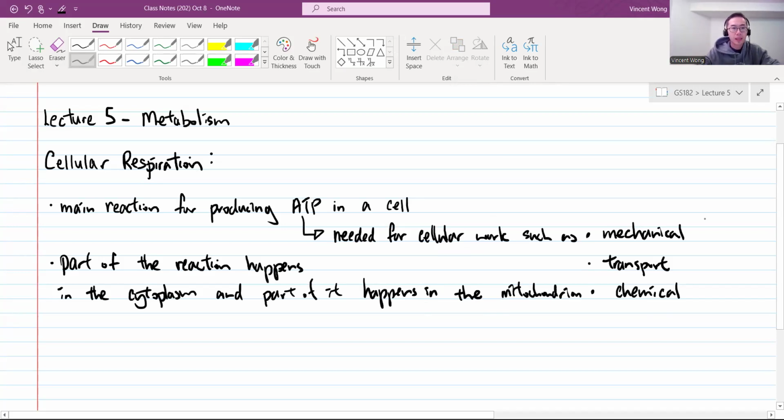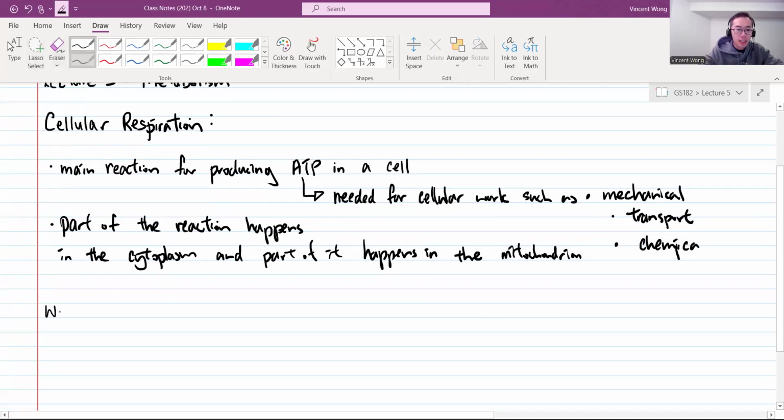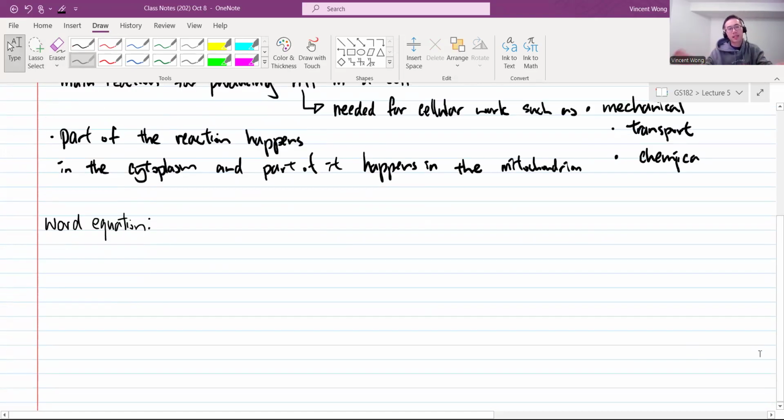Let me just move this out of the way so it's not looking weird. All right, I'm going to write a word equation for you. I think you might have learned word equations in chemistry already. If not, it's basically you describe the reaction using words. So in cellular respiration, we have glucose, and we're going to be reacting it with oxygen.